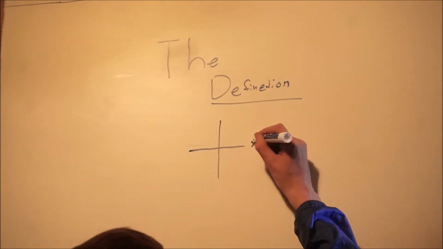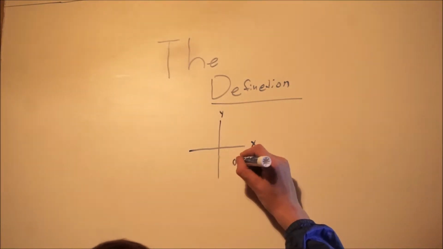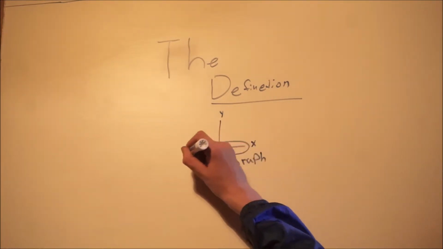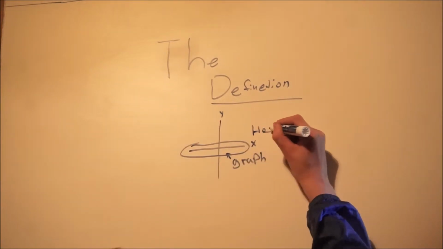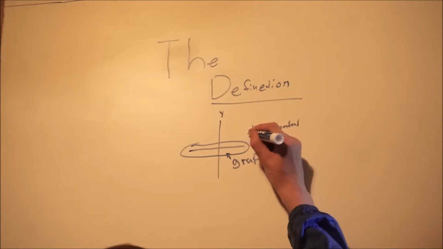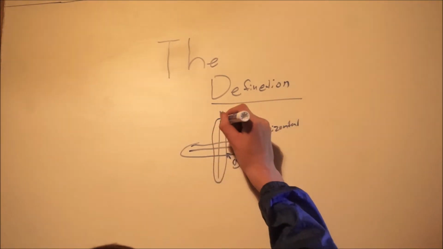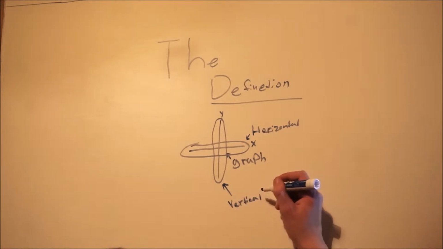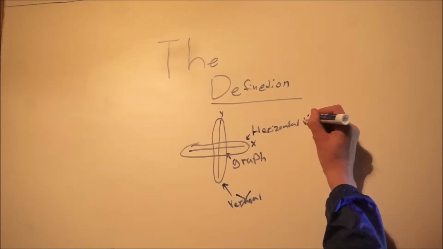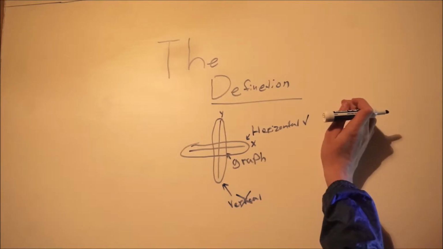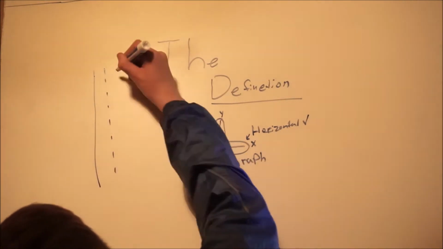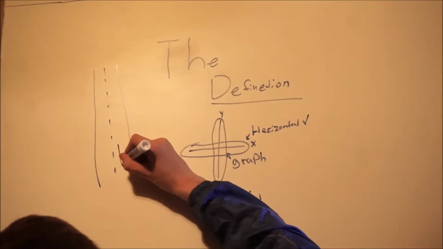So I'm just going to draw it. Let's say you have an x and y graph, and the x-axis of the graph is horizontal, and the y-axis is vertical. So if it was on a graph, the x-axis would be the horizontal. But here are some examples.